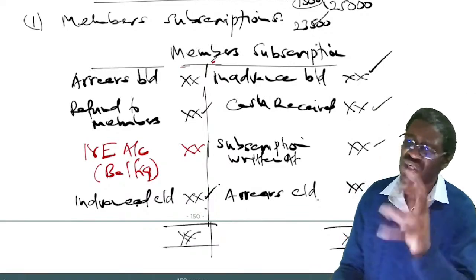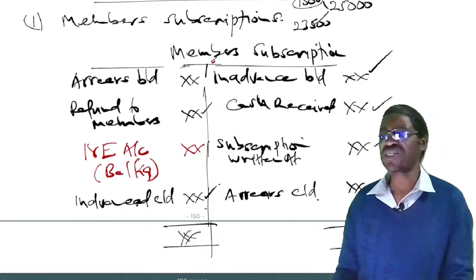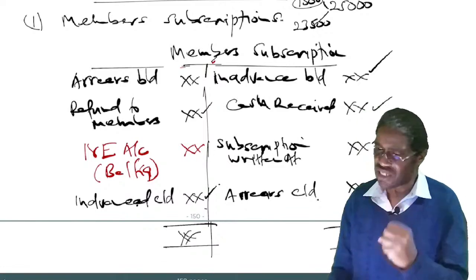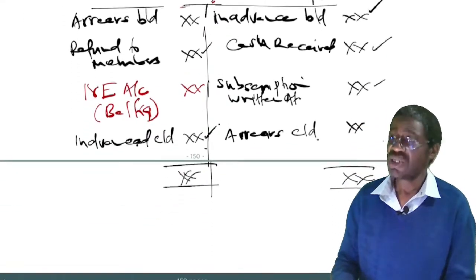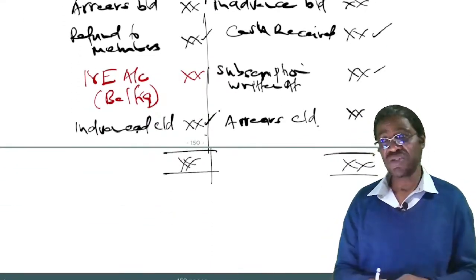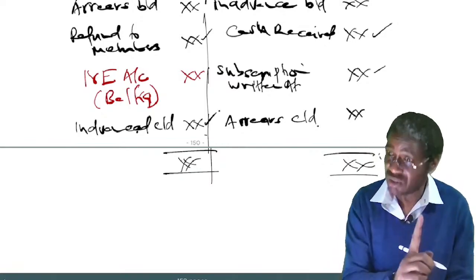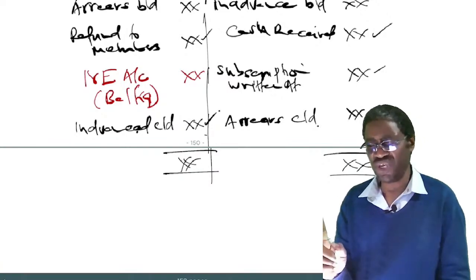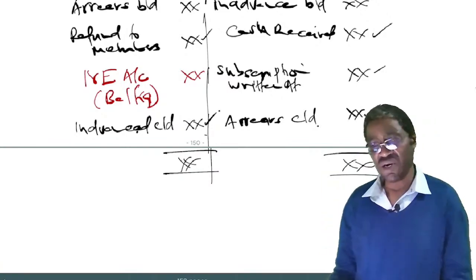If there are subscriptions that are still in arrears or owing, members have not paid, that's an asset to us. We are demanding from them. That means an asset is a debit balance. Being a debit balance, we are saying it as a brought down. But you cannot have a brought down by the end of the year without a carry down. That's what we are saying, you carry down.